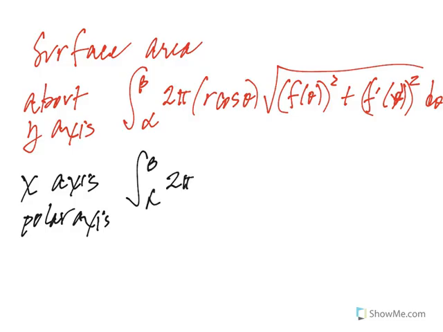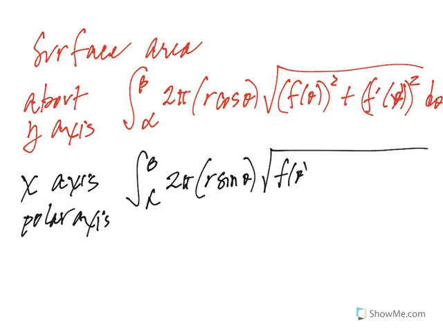And again, I think it would make sense that if you're going around the x-axis, your radius will just be y, that is r times the sine of theta, times then the square root of f of theta, the quantity squared, plus f prime of theta, quantity squared. You only need one set of parentheses on the left-hand side there. You get the idea. Now we're cooking. All right, so it's either 2 pi x or 2 pi y, depending on what your radius will need to be.